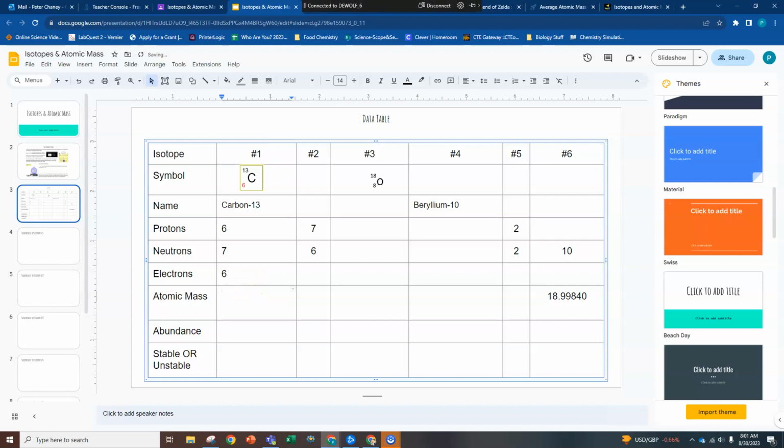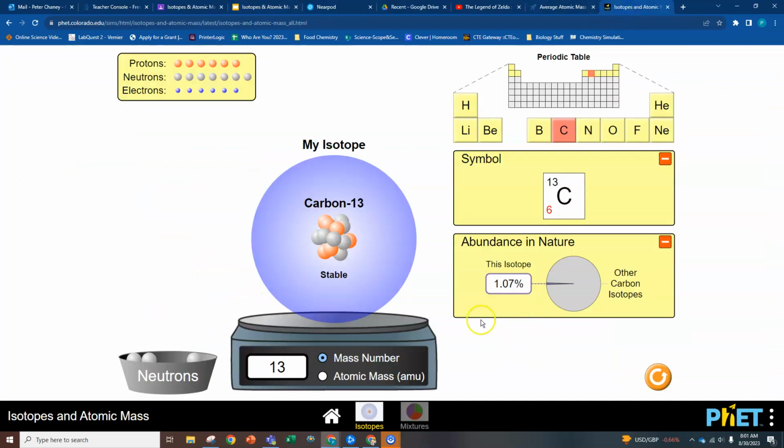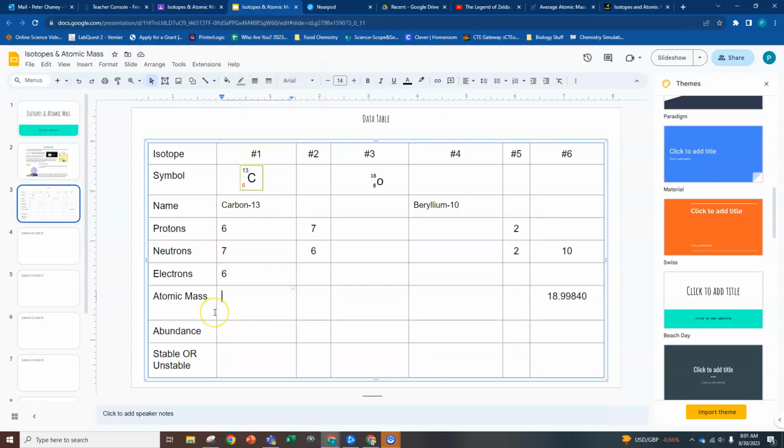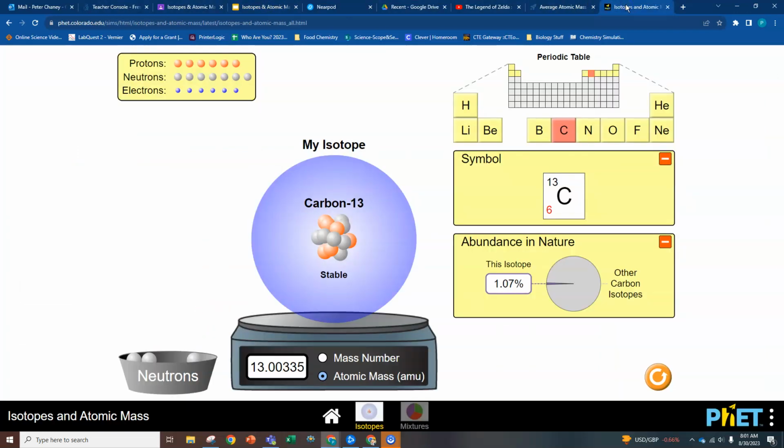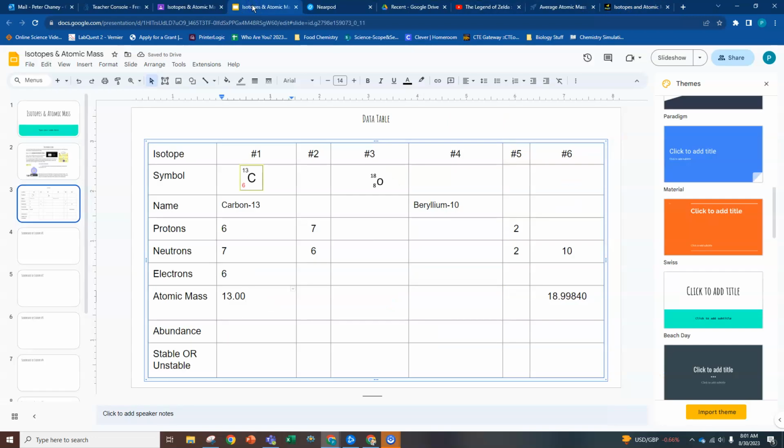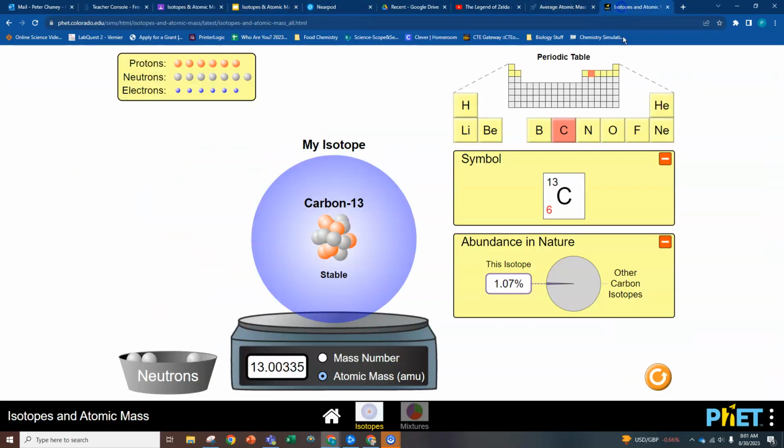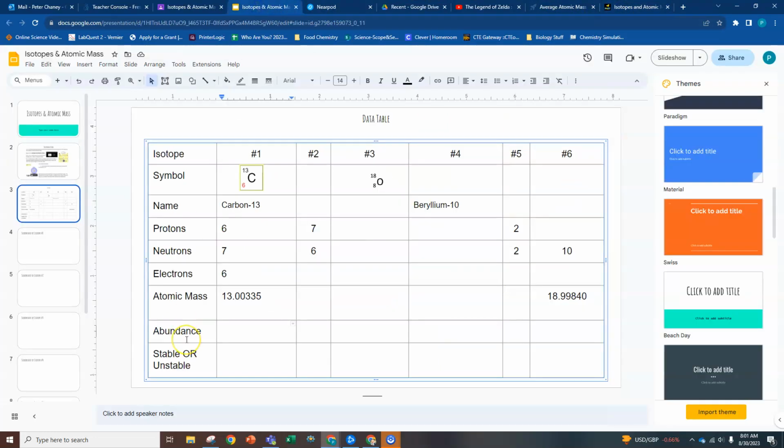The atomic mass will be right here. So we can put 13.00335. So let me copy that. Abundance of this in nature is right here, 1.07%.